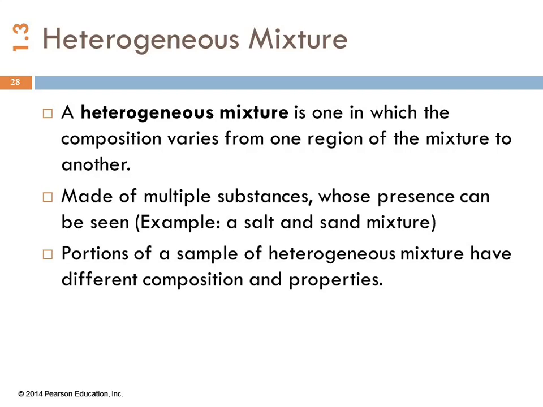There's the cheese sauce, and then there's noodles in it. There's lumps, right? Or you think of oil and vinegar salad dressing, Italian salad dressing. You shake it up, but the oil always comes to the top, and the water part settles to the bottom, and then you've got the flakes of the herbs and stuff. And you can see there's differences. It's heterogeneous.